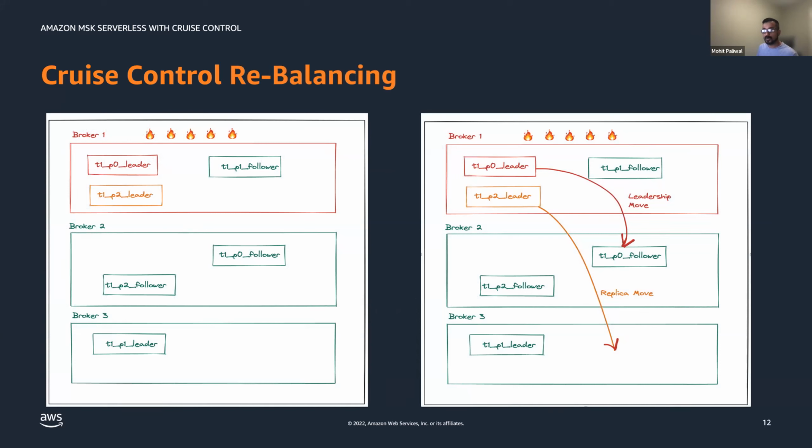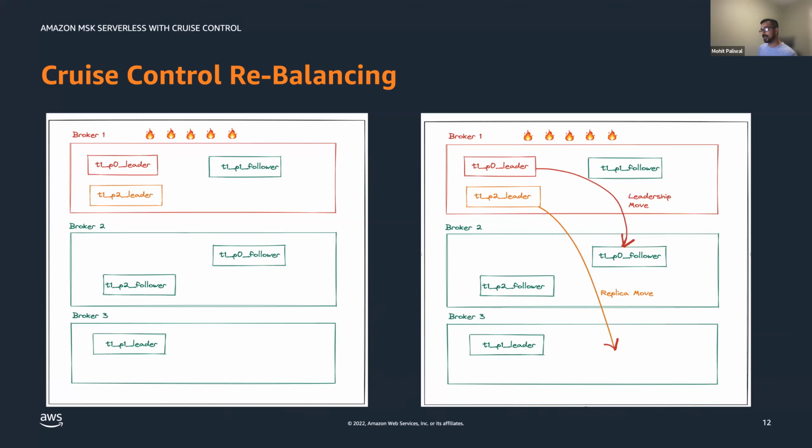So this is an example of how and what Cruise Control does, like what kind of actions it performs. If you look at the right-hand side, there are two actions. One replica, which is the T1 P0 leader, is moved to a follower by a leadership move, right?